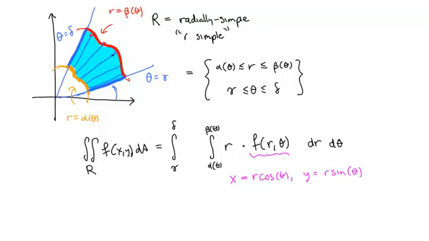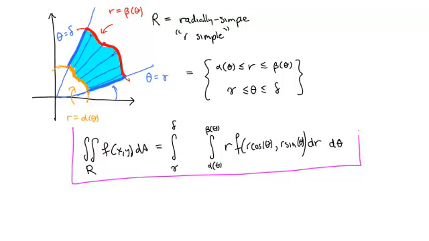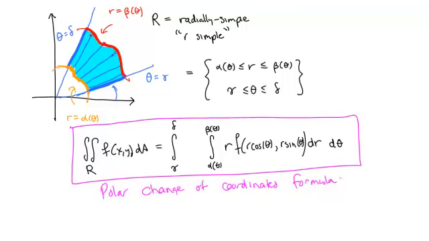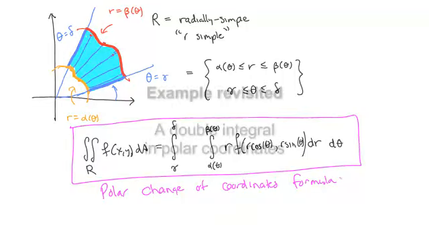So a more precise statement would be to not write f of r theta, but to write f of r cosine theta, r sine theta. And this expression, Fubini's theorem applied to polar coordinates, is sometimes called the polar change of coordinates formula for integration. So let's see how we could use this on that previous example.